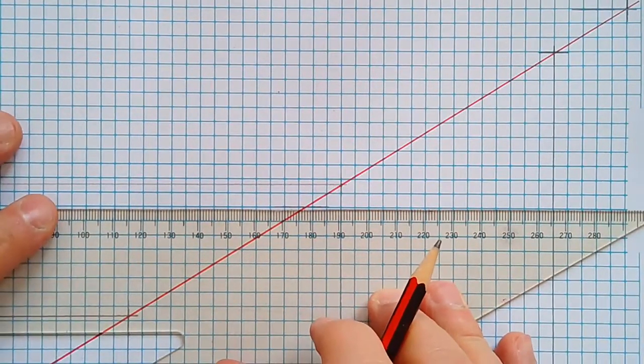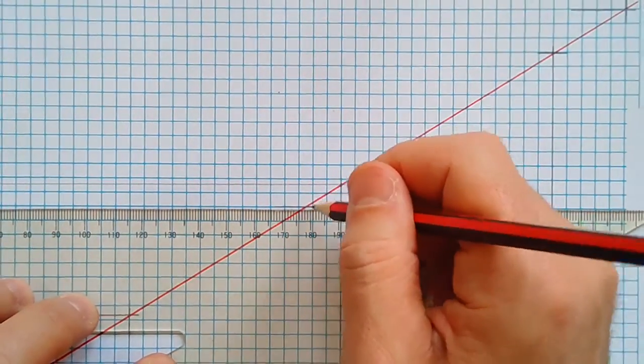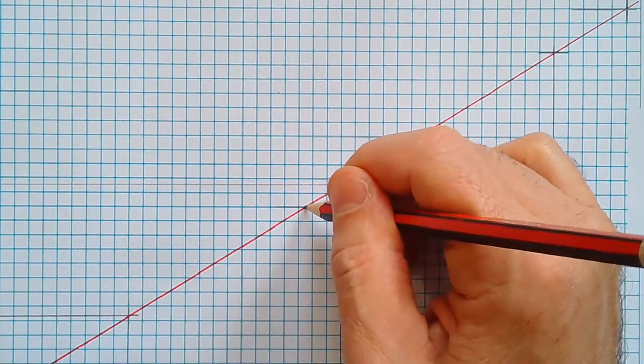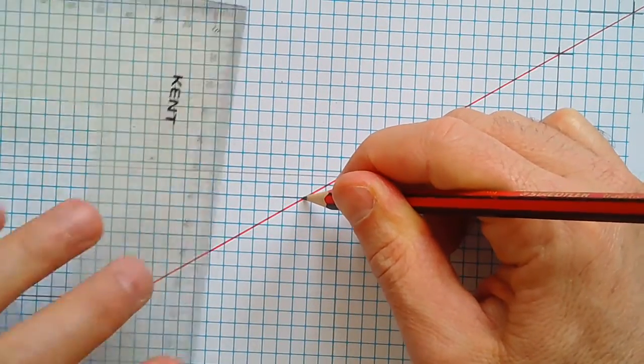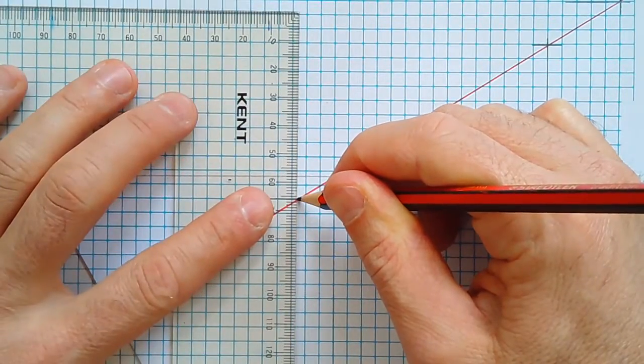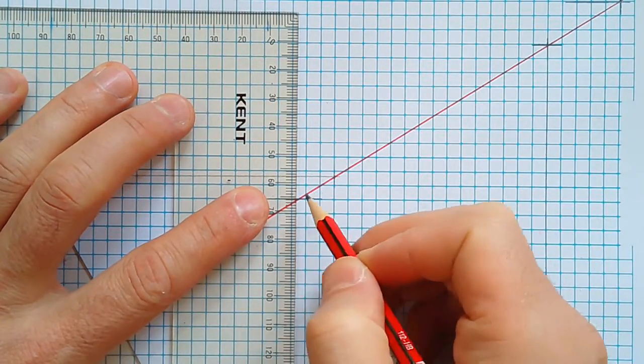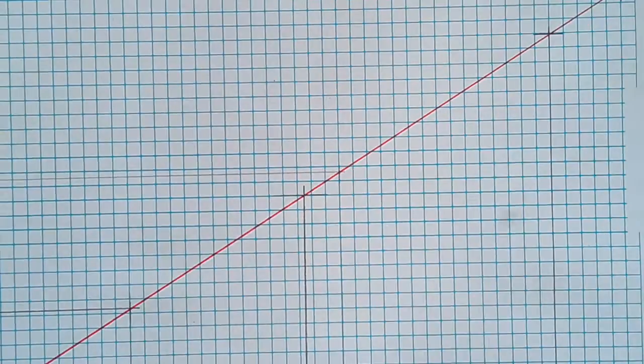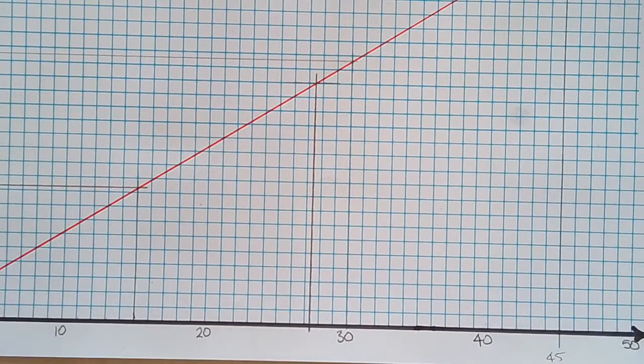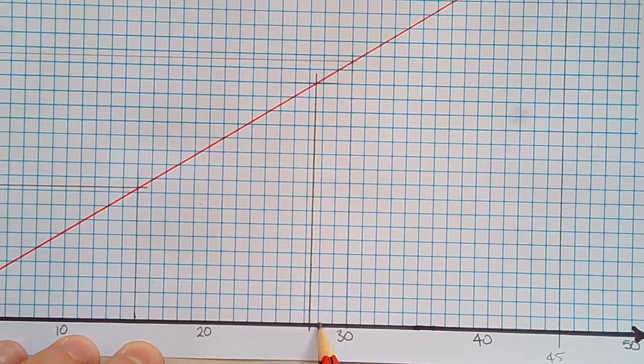Again, what's important is where it crosses the red line. So it crosses around there. Let's project downward to the x-axis. And where's that? That's 30, 29, 28, there's 27. It's about 27.3, thereabouts, 27.3.